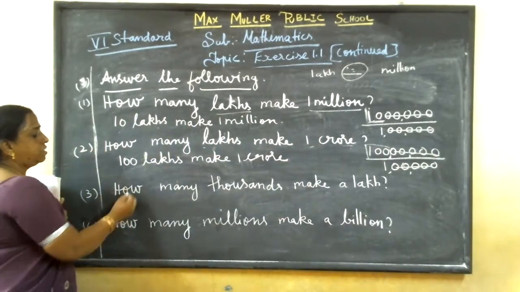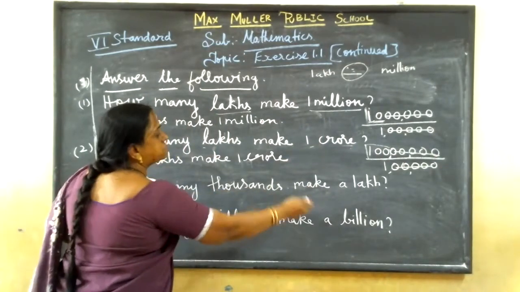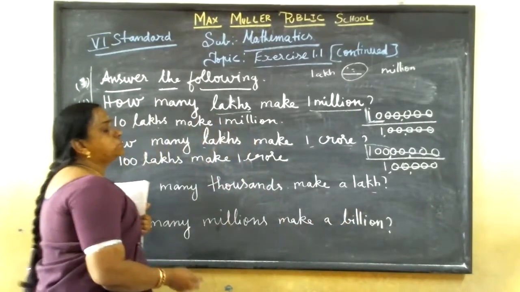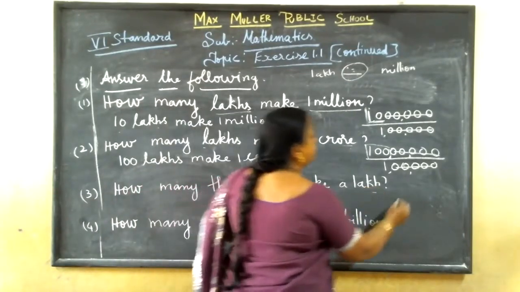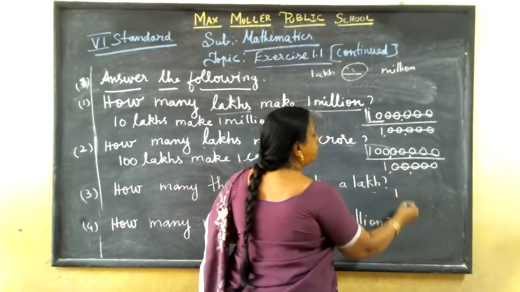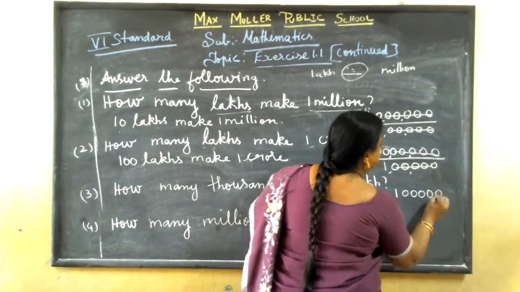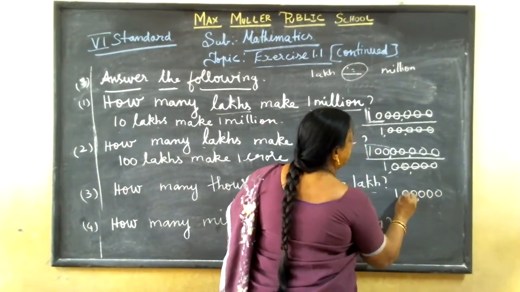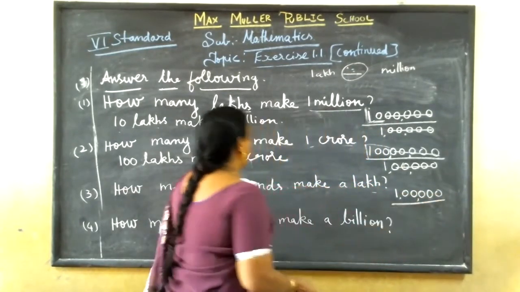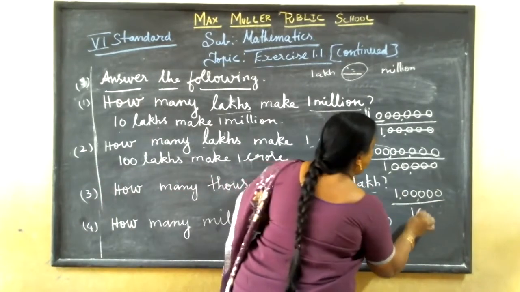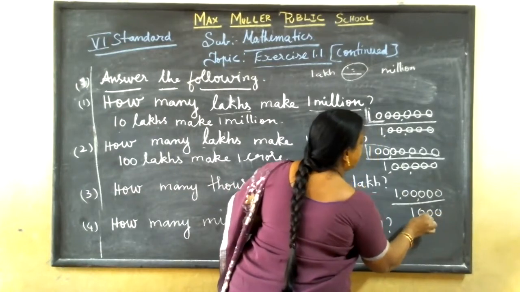Okay, next question. How many thousands makes a lakh? So in 1 lakh, how many thousands are there? So here, first lakh is highest, so we will write lakh. So already you know 5 zeros for lakh. So 1, 2, 3, 4, 5. Ones, tens, 100, 1,000, 10,000, lakh. Divided by 1,000. How many thousands you should find? So 1, 2, 3 zeros. Ones, tens, 100, 1,000.